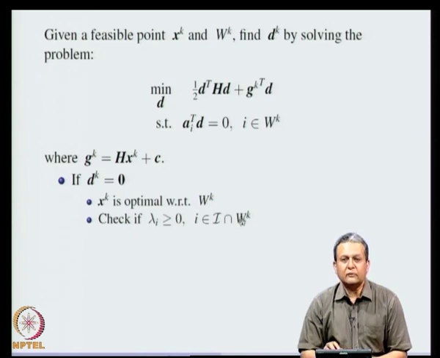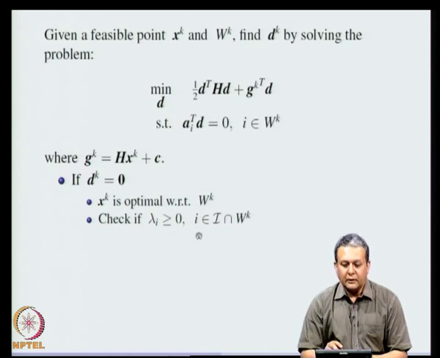Now, in that case, we have to check whether the Lagrange multipliers corresponding to the inequality constraints which are part of the working set wk are non-negative, because as we have seen when we discussed the KKT conditions for the problem, at optimality the Lagrange multipliers of the inequality constraints are non-negative.